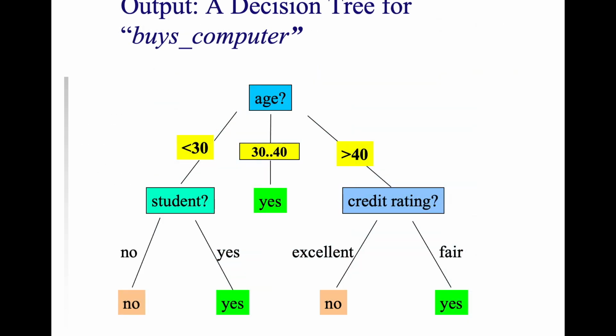we, for example, use the credit rating. So we have a credit rating here. If the age is greater than 40, what are the values of credit rating? What are our tests or branches of credit rating?